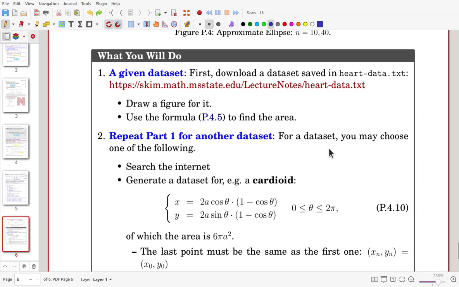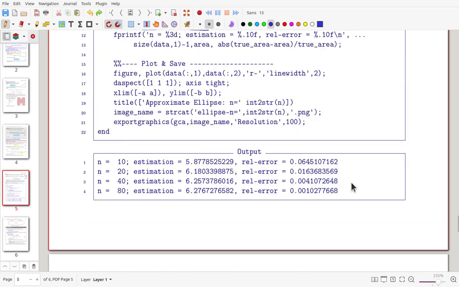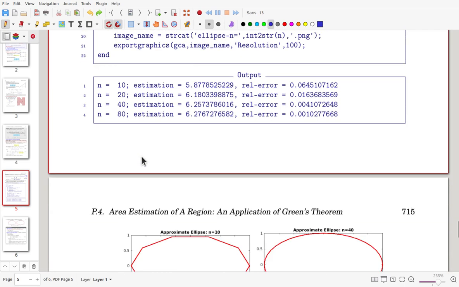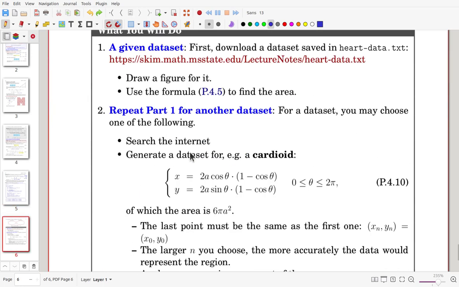So basically, rather than this generation, you can import the data set, and then by implementing this function, you can get the area. That's the first one.